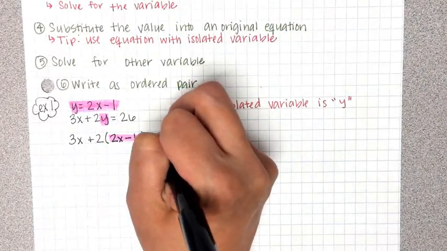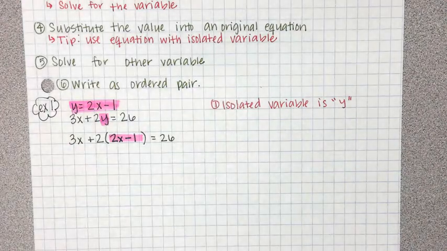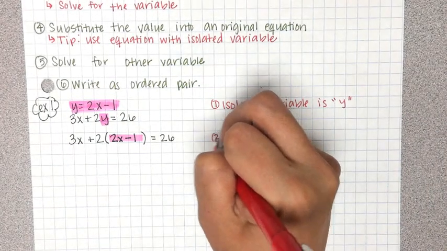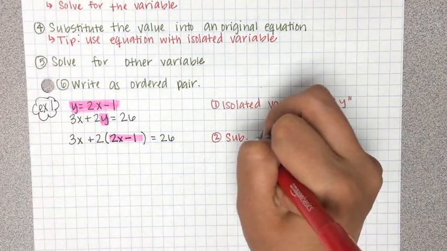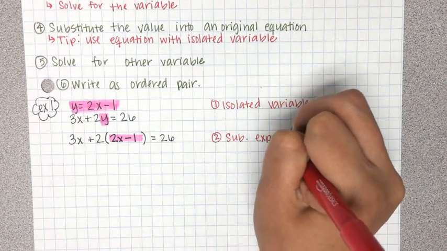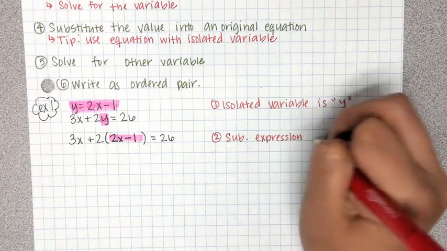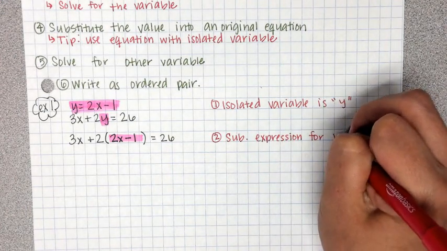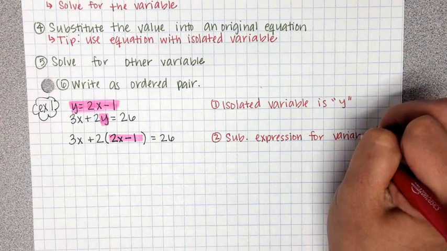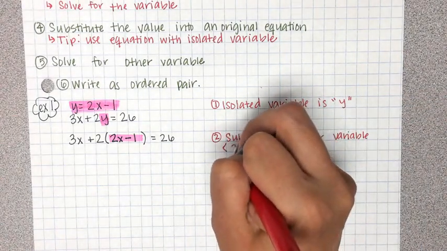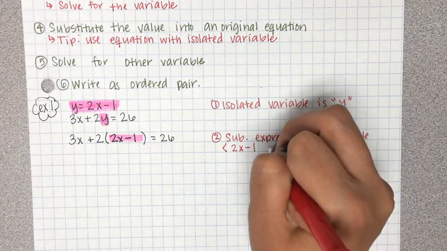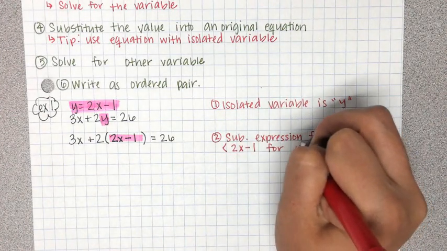Equals 26. So that was step 2. We substitute the expression for the variable. In this case, 2x minus 1 for y.